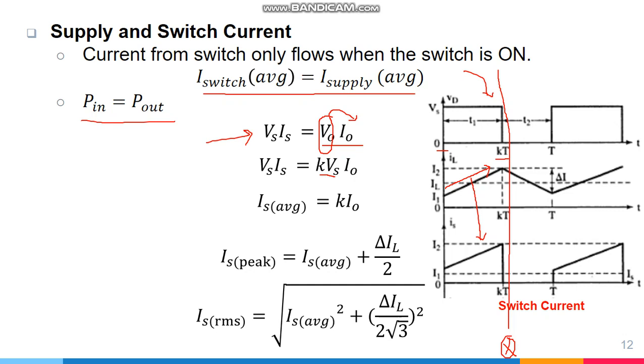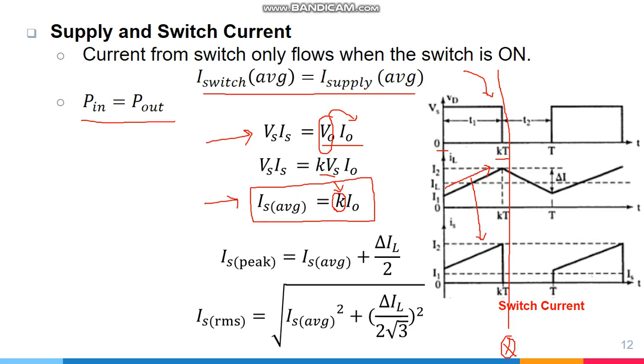Using that value over here, the average value of the current that is being drawn from the supply is K times I0. I0 current is available at the output throughout the time period, but the current at the output due to the supply was only for k percent of the duty cycle, when the switch was on.